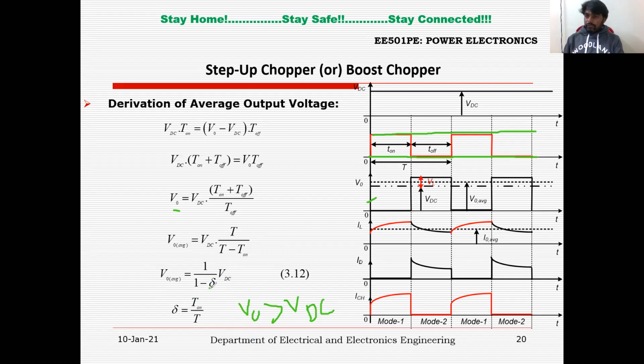When delta equal to 0, if you substitute 1 by 1 minus 0, it will be VDC, right? So the minimum value is V naught equal to VDC. So V naught is always greater than or equal to VDC. So this is the average output voltage you can see.